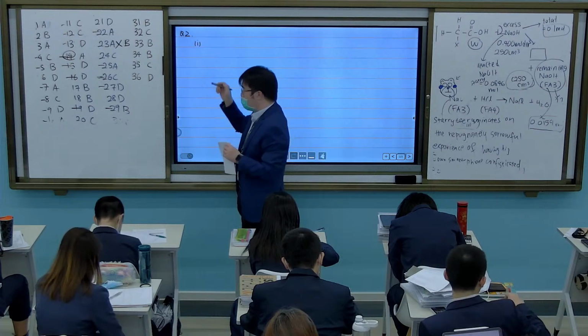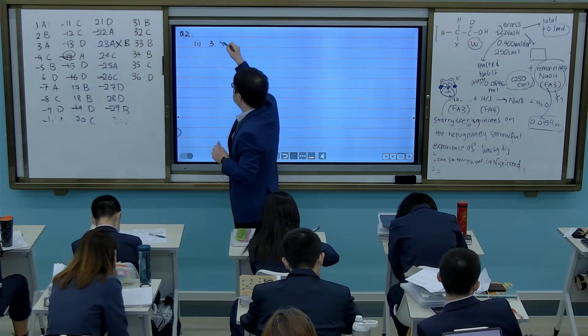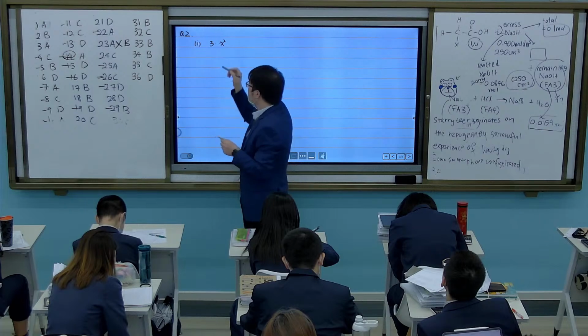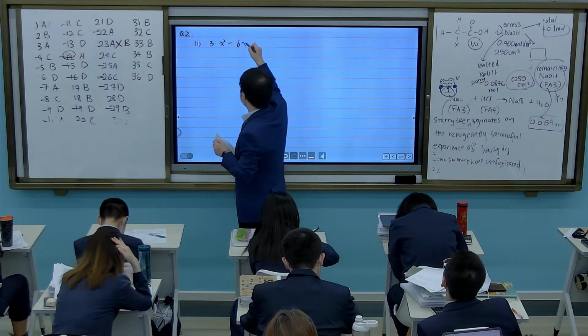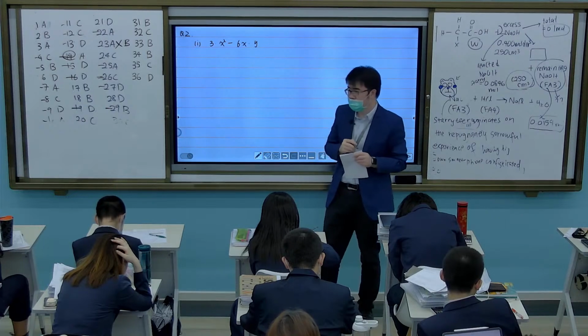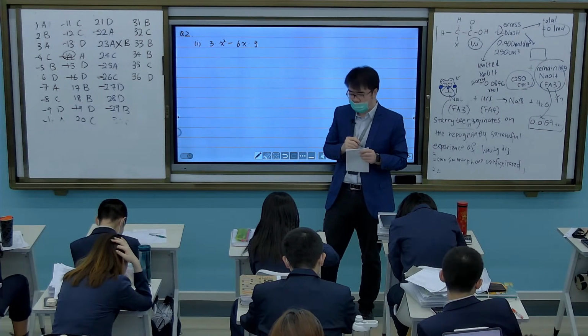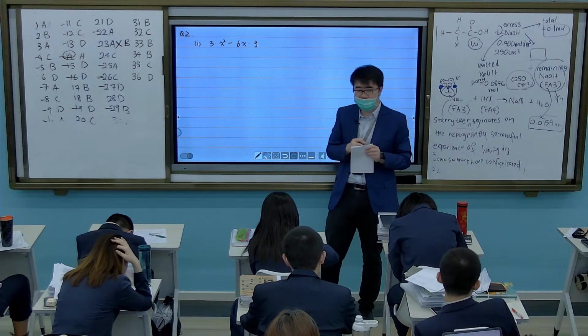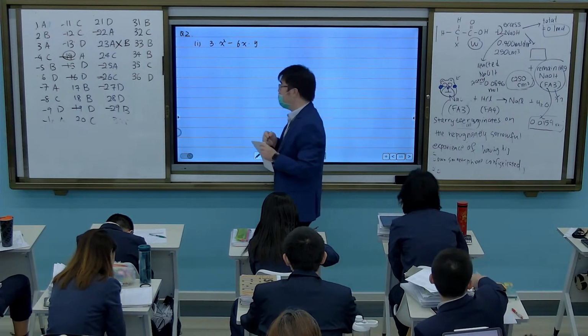Which you can get 3 times x squared minus 6x times y does not change. 6x is from the differentiation of 3x squared.